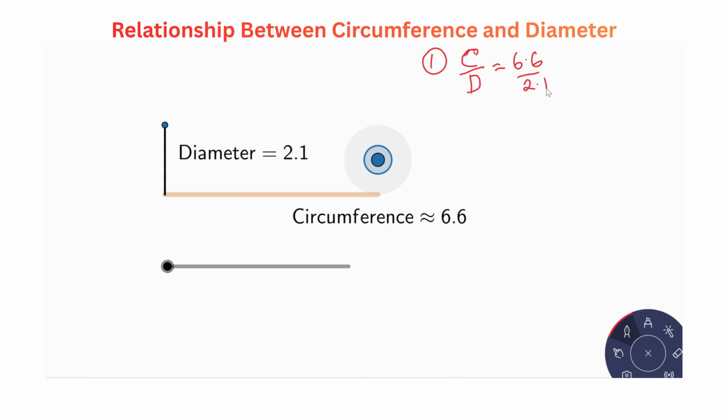Use your calculator to divide that. 6.6 divided by 2.1. I'm getting 3.14285. So many numbers there. So I want you to limit the answer to 3 significant figures. You'll get 3.142.